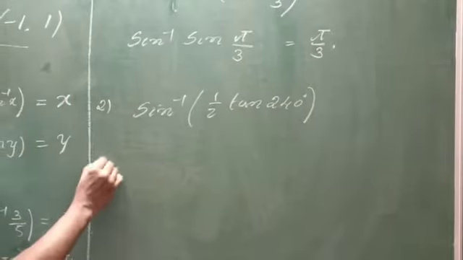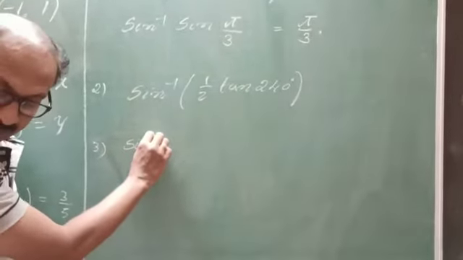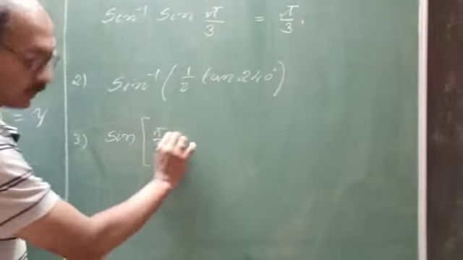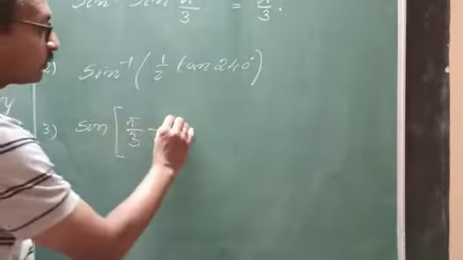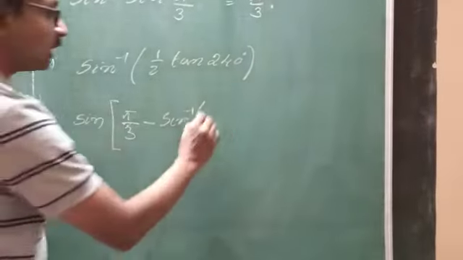Try another problem. So it is pi by 3. So minus of sine inverse of minus 1 by 2.